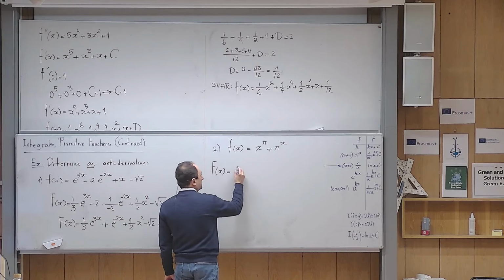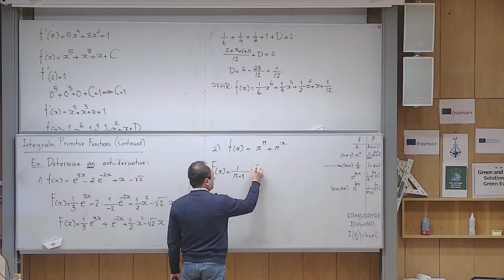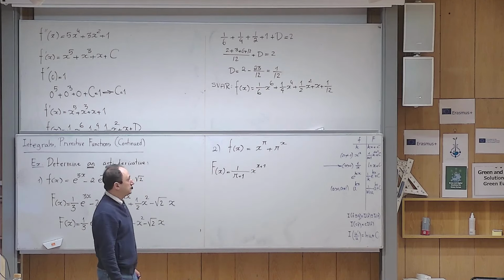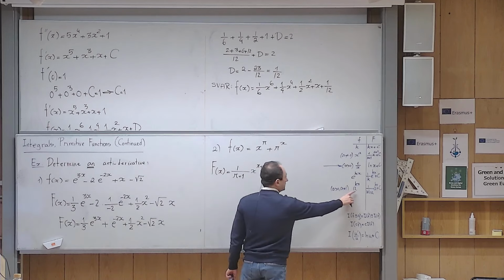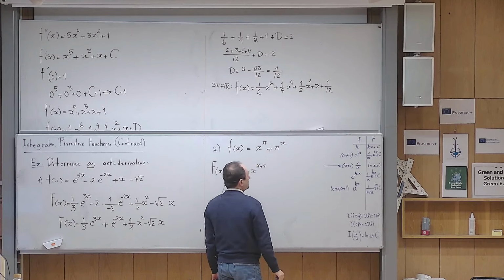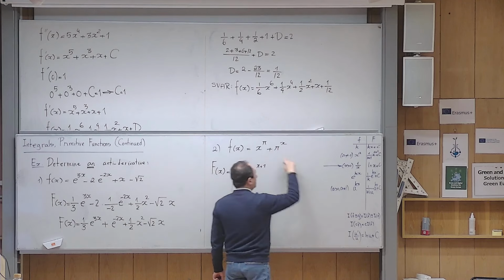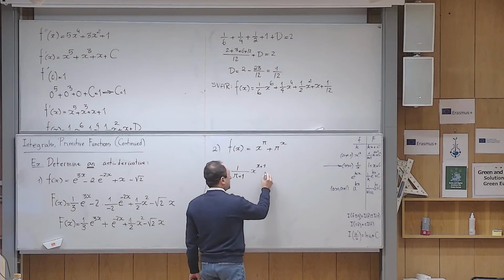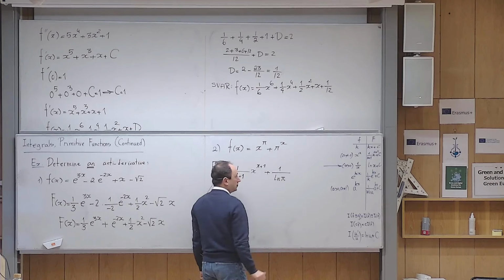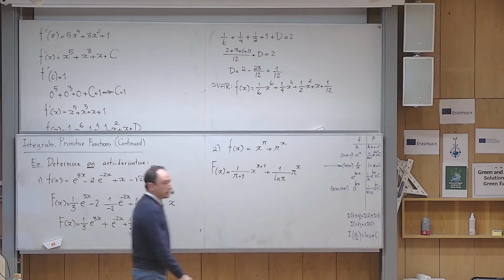It becomes 1 over pi plus 1, x to the power of pi plus 1. But what happens for the other one? The other one is this formula. If you compare this one with that one, what is k? k is 1. What is a? a is pi. So it becomes plus 1 over ln of a, which is pi, and then the function repeats itself. So that's the answer.